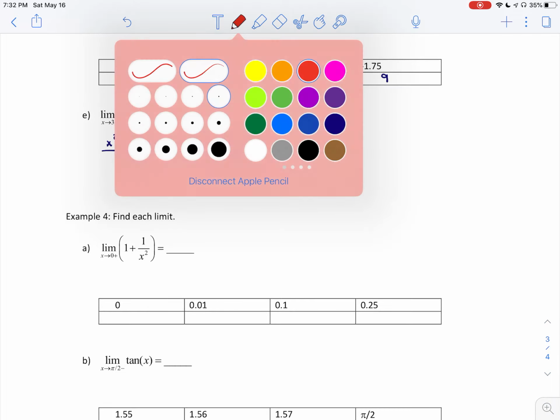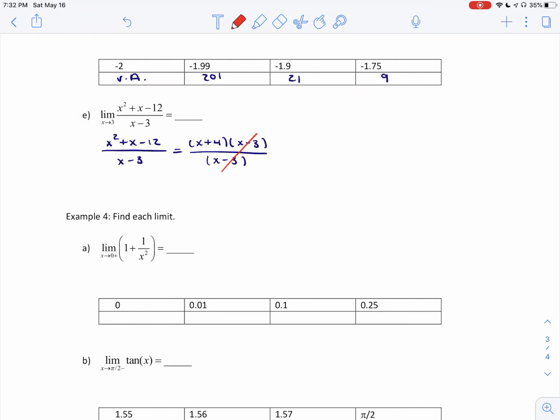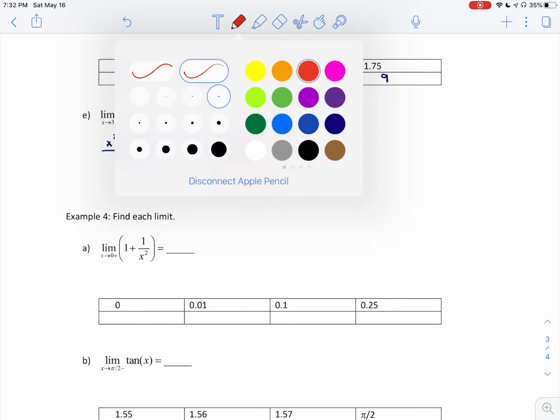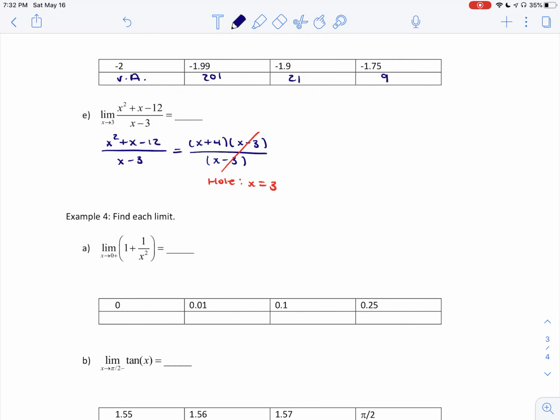And we, of course, have this common factor, x minus 3, that we can cancel out. And that is, of course, telling us that we have a hole at the point x equals 3. All right, so if we simplify our function down then, we're just left with x plus 4.